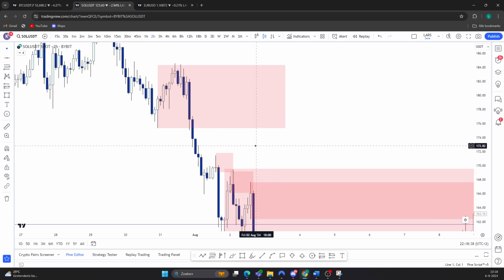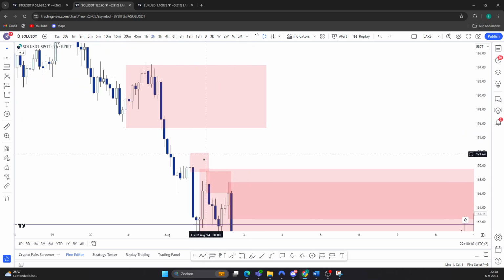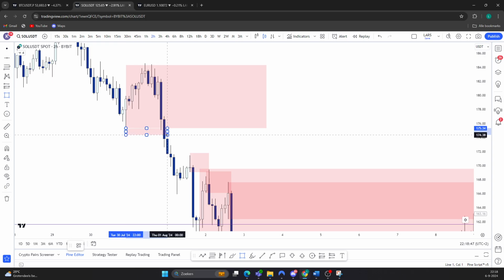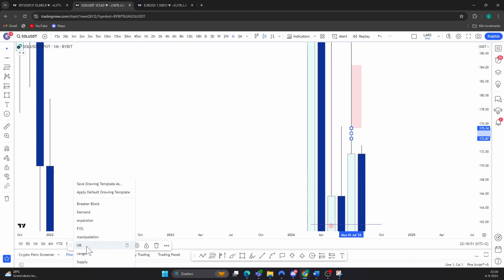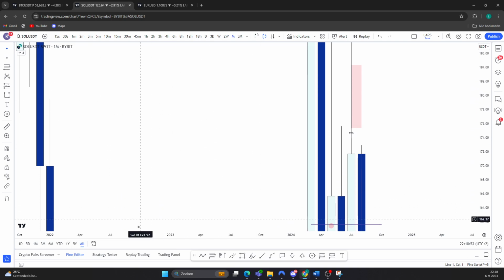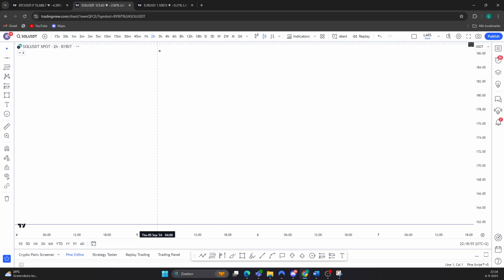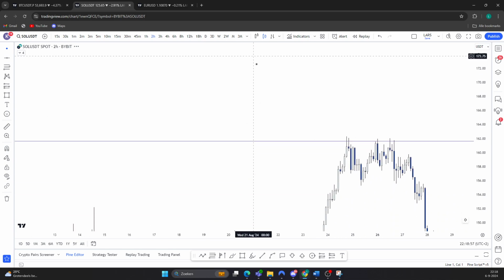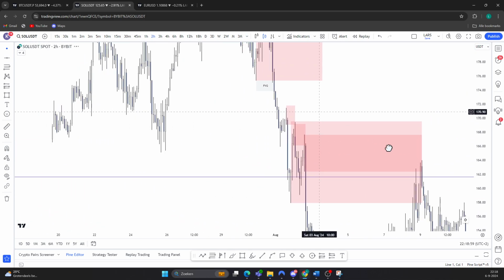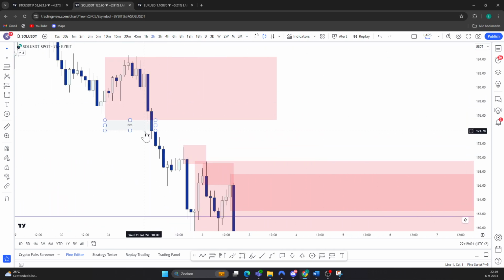It's always less good when you have this wick here, because then you don't have the fair value gap. The fair value gap is already mitigated, but it is mitigated from the top down, which is less bad.